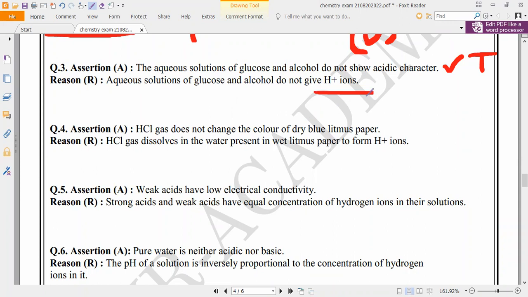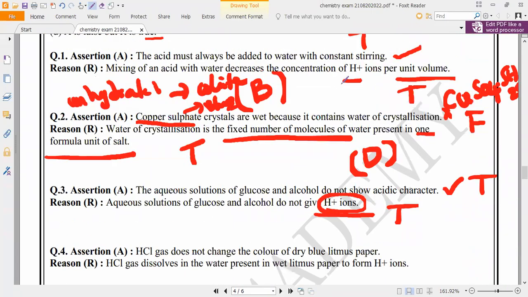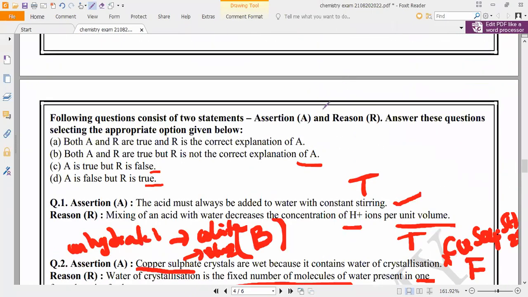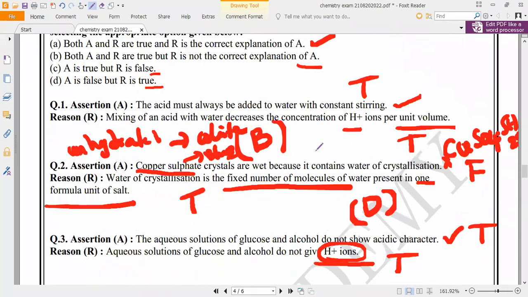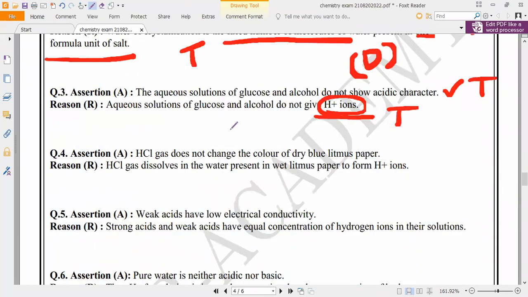So glucose and alcohol do not show acidic character because they do not give H plus ions. Both are correct and they have a relation. Which option? That is what I want from you all: the connection should be found perfectly.